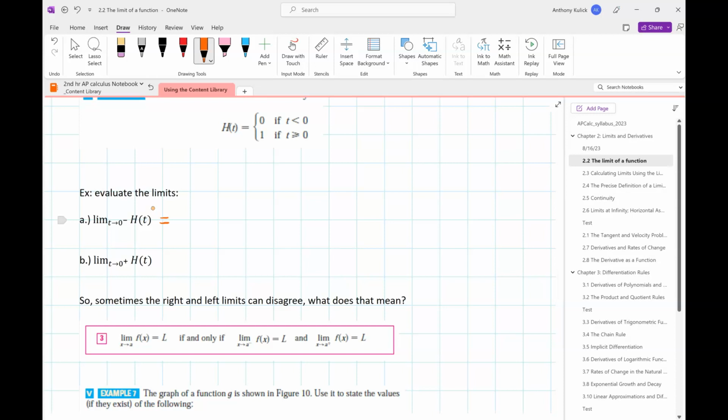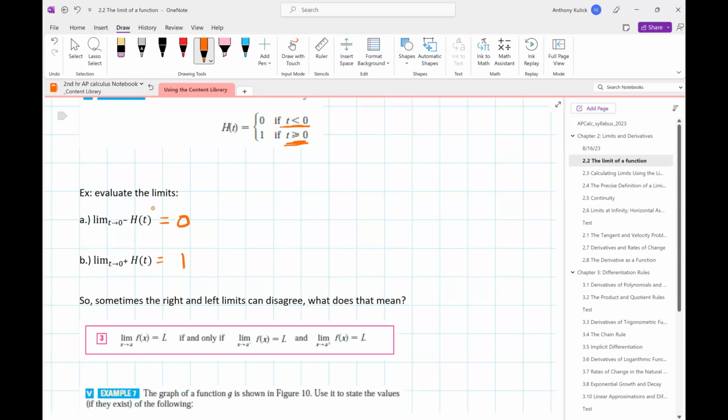I'm taking all my values coming from this side, right? So it should be 0. As I get arbitrarily close to 0 from the left, every one of my outputs is 0, right? Okay. And what would the limit as t approaches 0 from the right be then? 1, because every t I'm taking comes from over here.